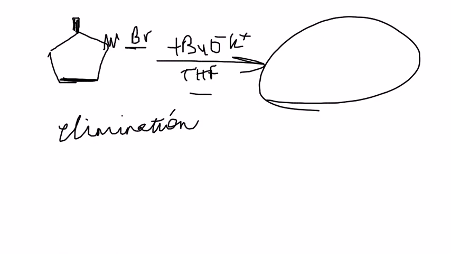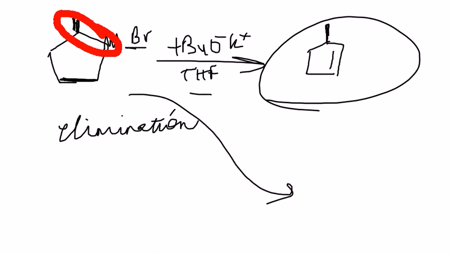Realize, since this is a strong base, it would want to incorporate E2 type of elimination. So in this particular case, you would not be able to get a product from this side. You would rather incorporate the other side for elimination for the E2, and this is going to be our product.